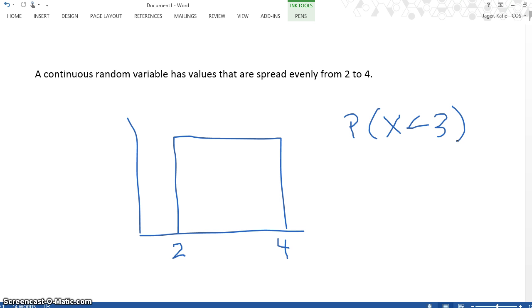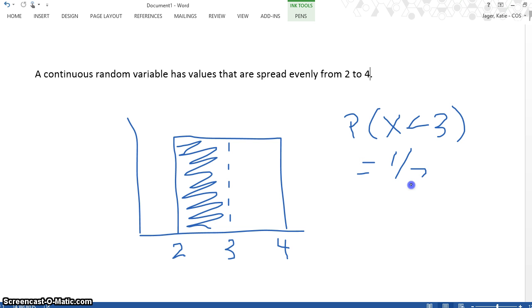If x is less than 3, we write in 3 here, and that's just equal to 1/2. It's about half of the area. It actually is exactly half of the area. So that's one way we could do this problem.